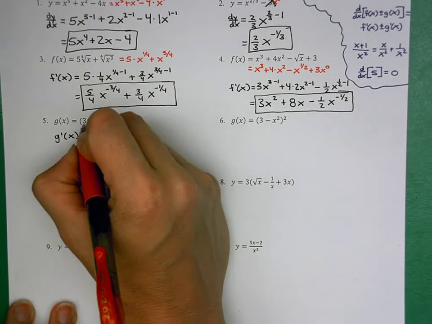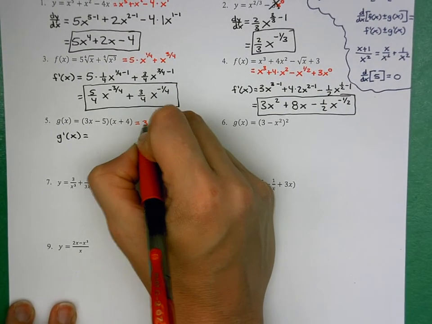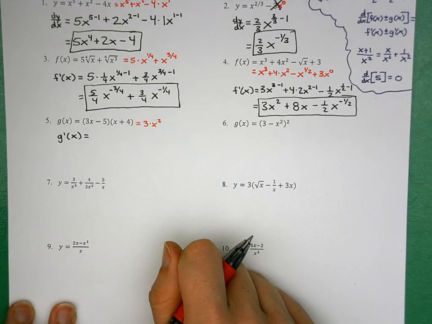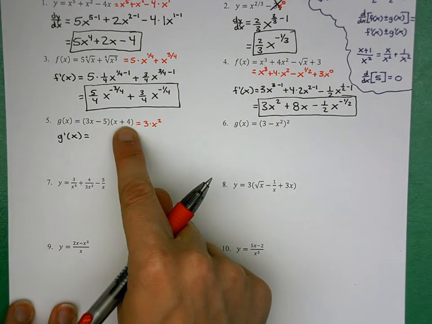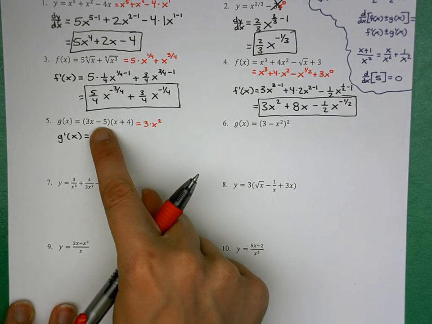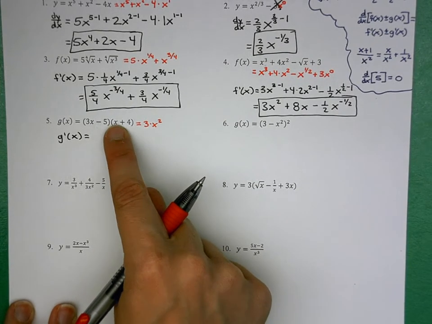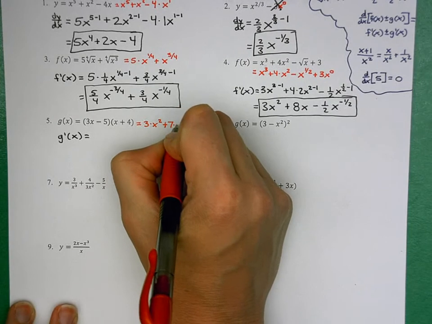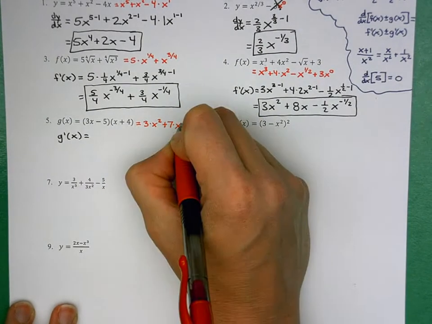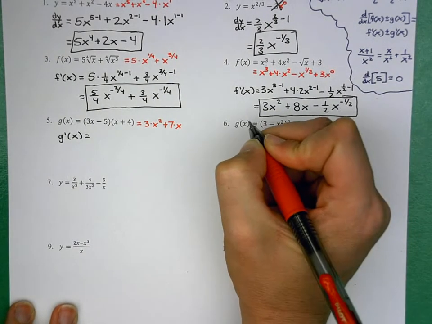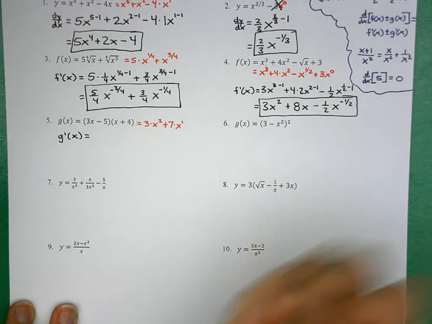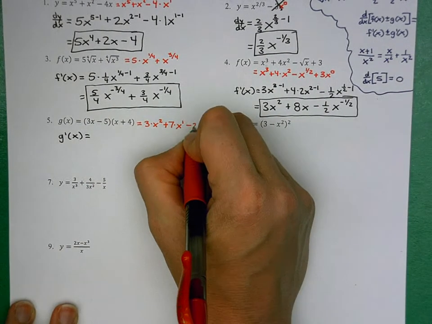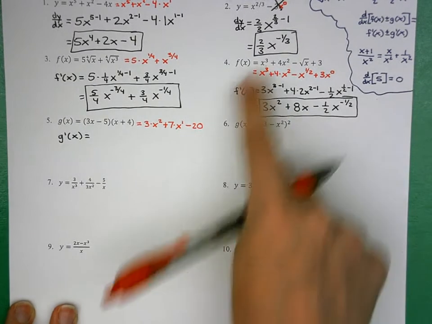And so we'd be doing 3x times x, which is 3x squared, right? 3x times 4 is 12x, minus 5x, which is 7x. And remember, what is the exponent on x? 1, right?